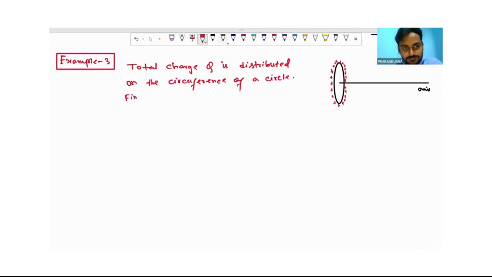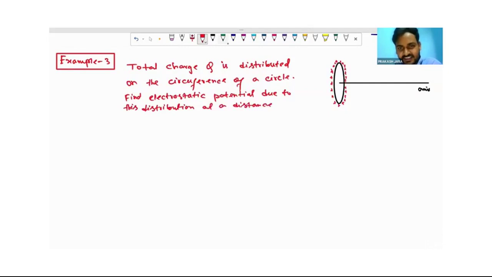Find the electrostatic potential due to this distribution at a distance x from the center.